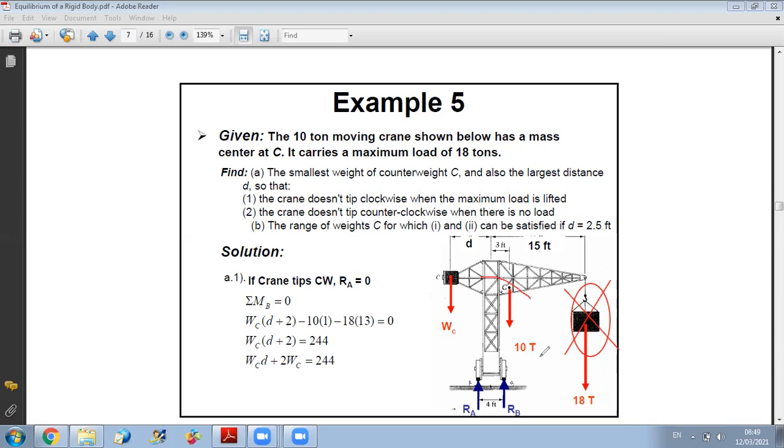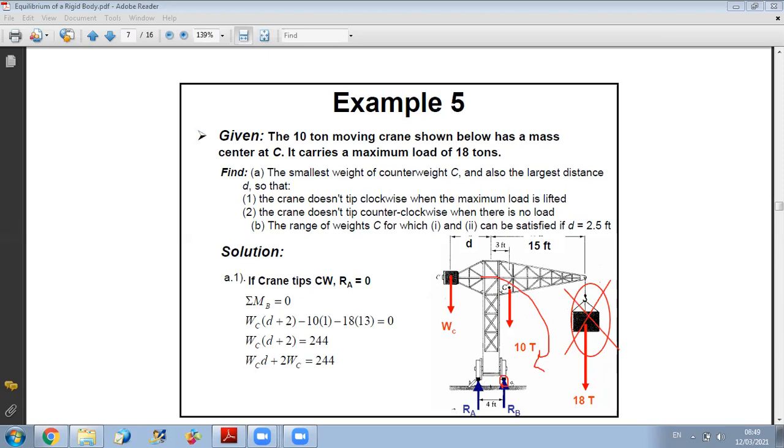It will try to rotate it in the clockwise direction. I will have tipping over this point, meaning it rotates around B, right? I will lose contact with A due to the weight.